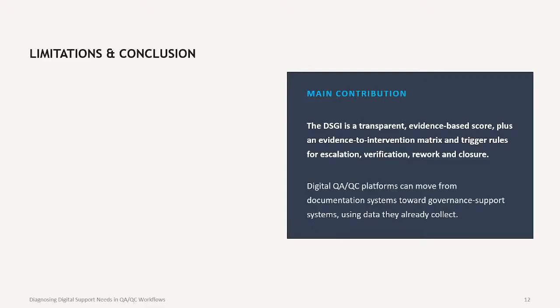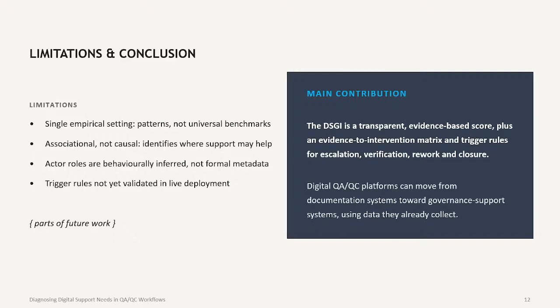There is a gap where the digital platform has its limitations and a further step needs to be taken. Of course, there are limitations: it is a big project, but a single project. Also, we didn't know the exact job and role profile of the people who filled in the events.